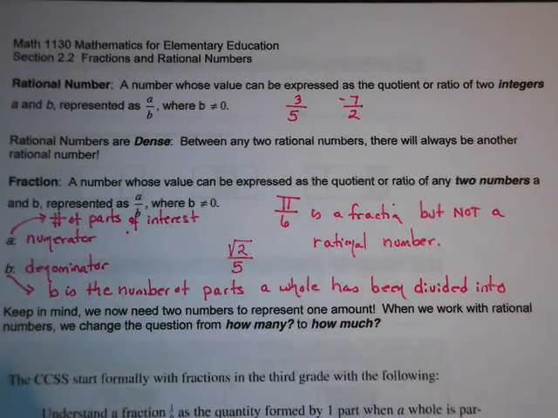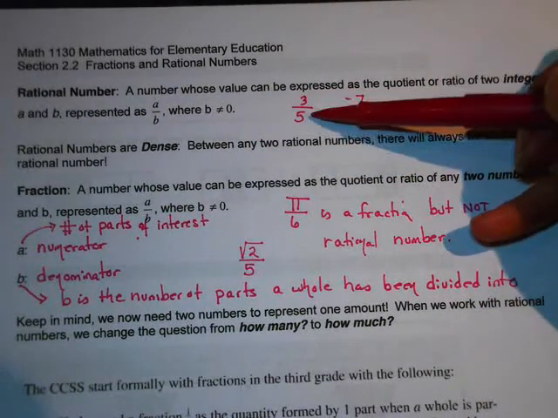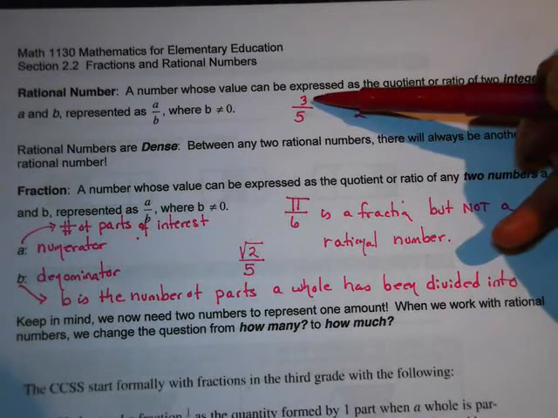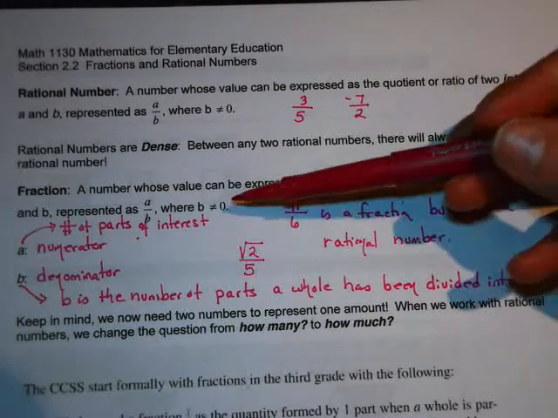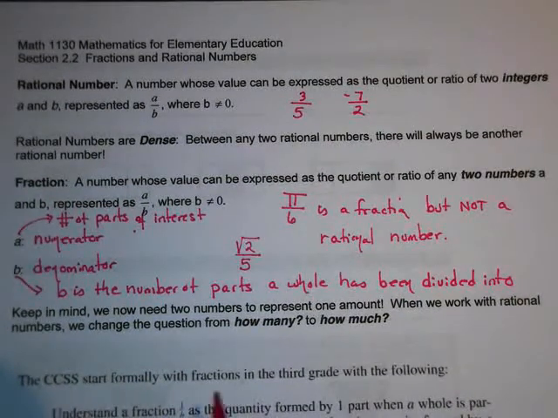So 3 over 5 would mean I have a whole that's been divided up into 5 parts, and 3 of them are shaded. 3 are what I'm interested in. So numerator is the number of parts of interest, that's what I was taught, and B is the number of parts a whole has been divided into. Very interesting about Common Core and Engage New York.